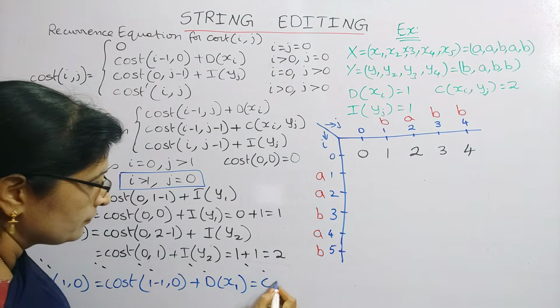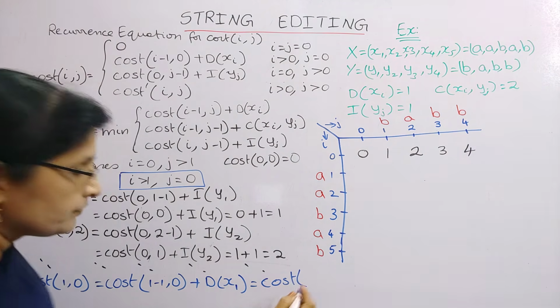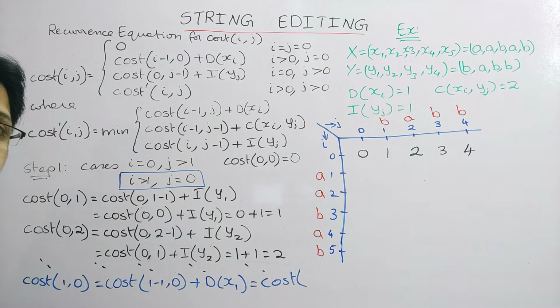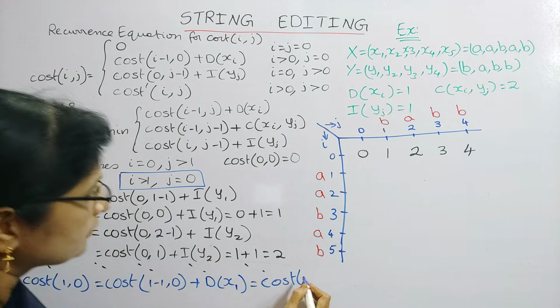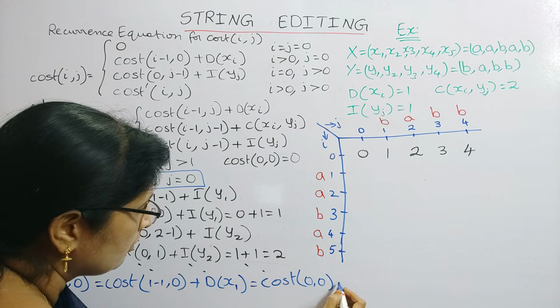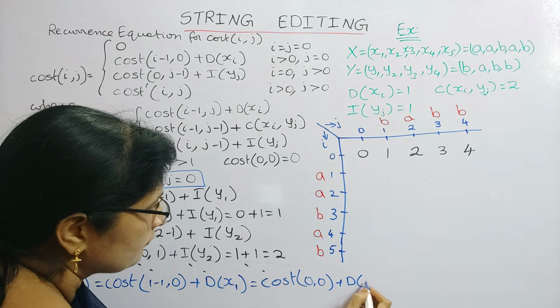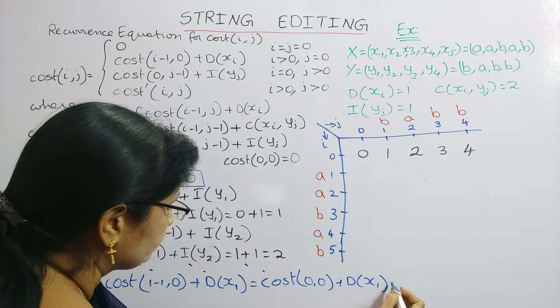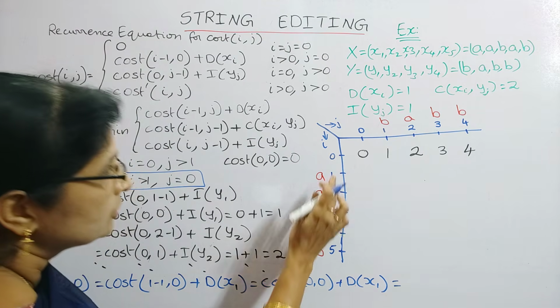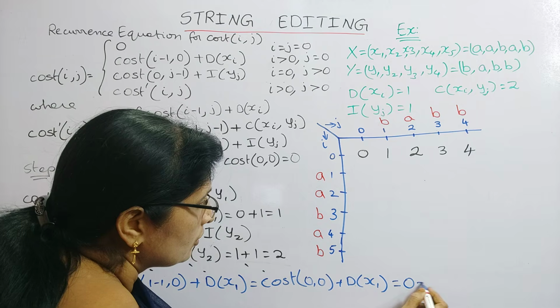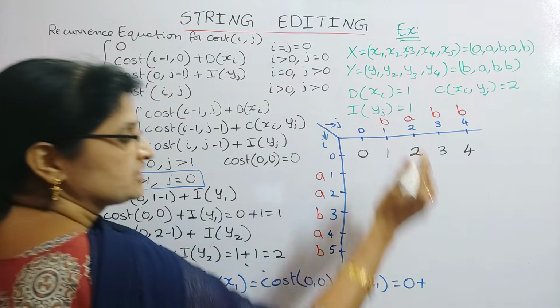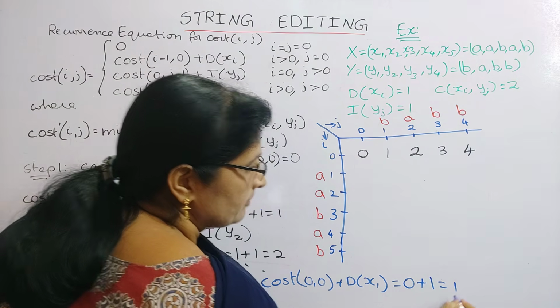So it is cost of 0 comma 0 plus d of x1. It is equal to cost of 0, 0 is 0 and the cost of delete operation is 1. So it will become 1.